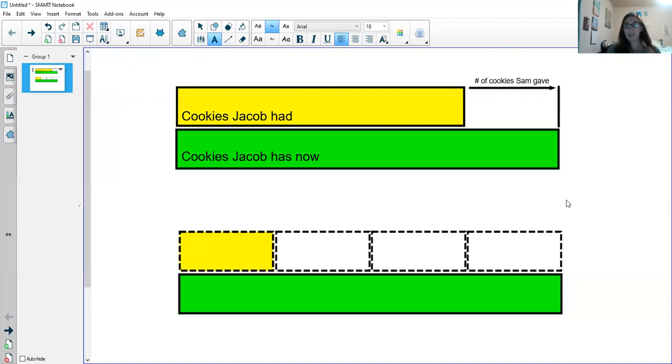There. And now we can put in our numbers. So we know that Jacob had 16 cookies. And Sam gave him 8 cookies.